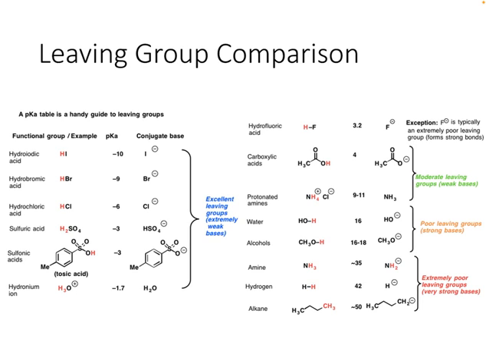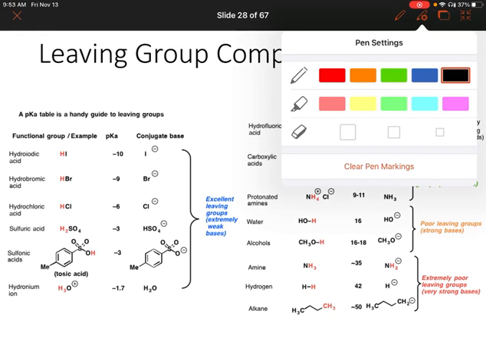So maybe on one flashcard, you could put excellent leaving groups on one side, and then on the other side, just list the excellent leaving groups. And then on a different flashcard, you could put poor leaving groups and kind of quiz yourself on what poor leaving groups look like.